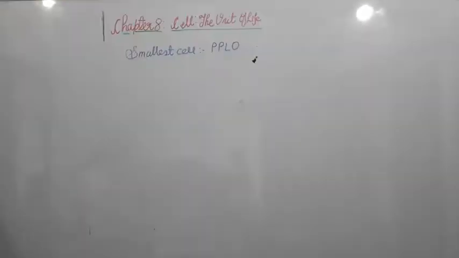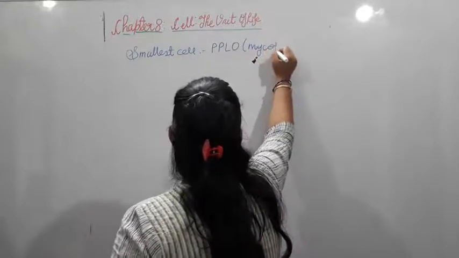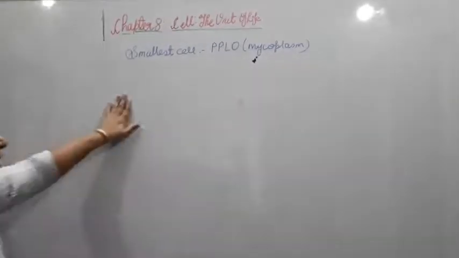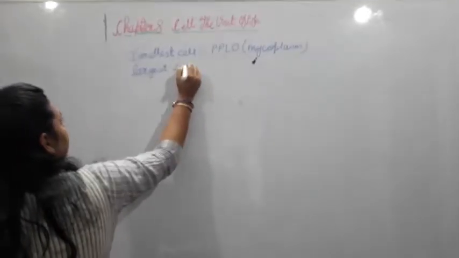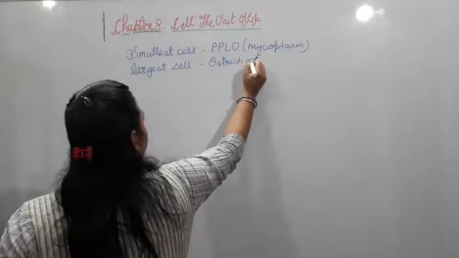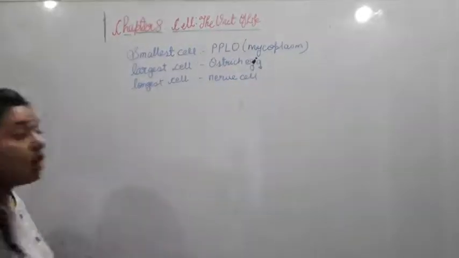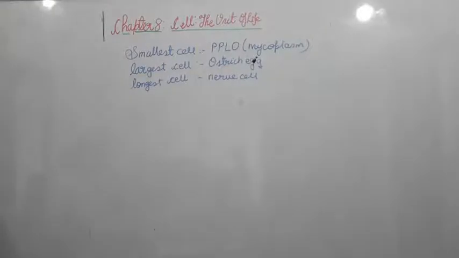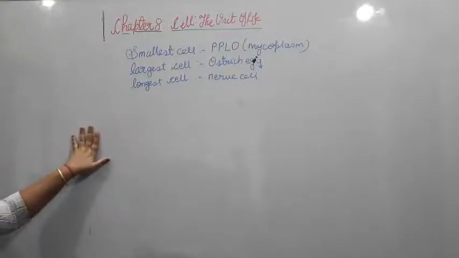PPLO is a type of bacteria, which you can also say is a mycoplasma. Then the largest cell which you can see is the egg of an ostrich. Then the longest cell, if you talk about it, is the neuron or the nerve cell. So the nerve cell is the longest cell present in our body. Fine. So these are the actual lengths and sizes of the cells, right?